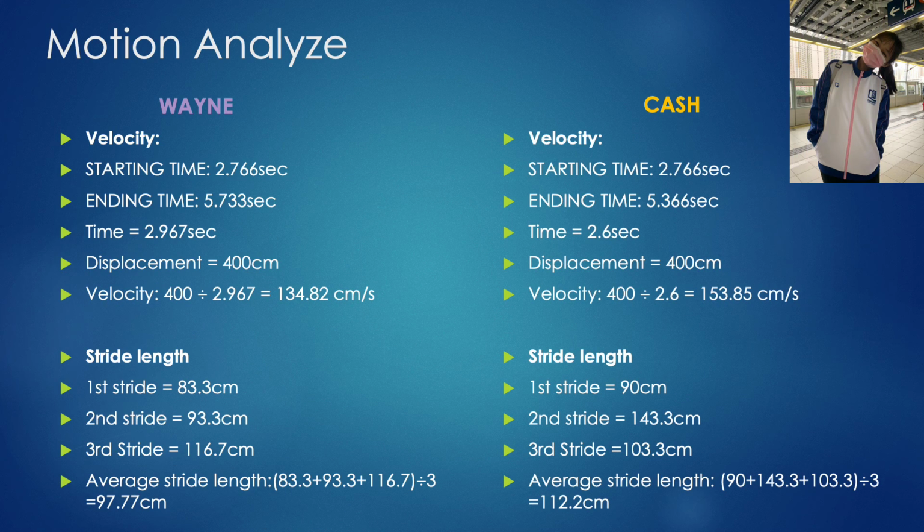To commence, let's talk about the velocity and stride length in the reality measurement of Wayne. His starting time, which is recorded since his front leg left the floor, is 2.766 seconds, and the ending time, recorded when he completed his jump and finished the recovery pose, is 5.733 seconds.